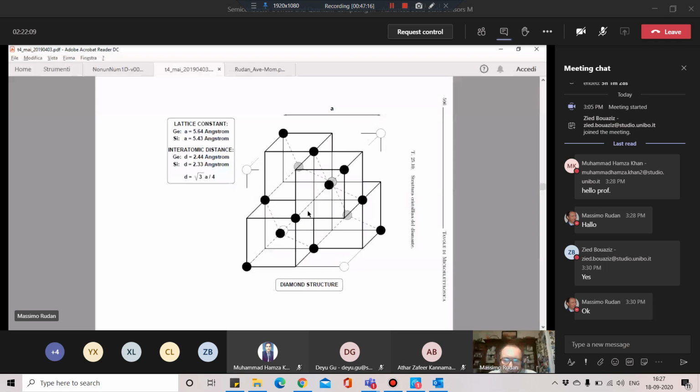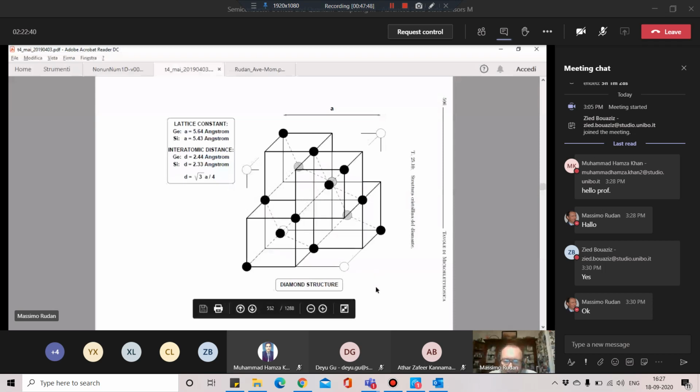Okay, so indeed it is a cubic, face-centered cubic crystal. Okay, the vertices of this cube are this black, this white, this black, this white, this black, this white, this black, and this white here.